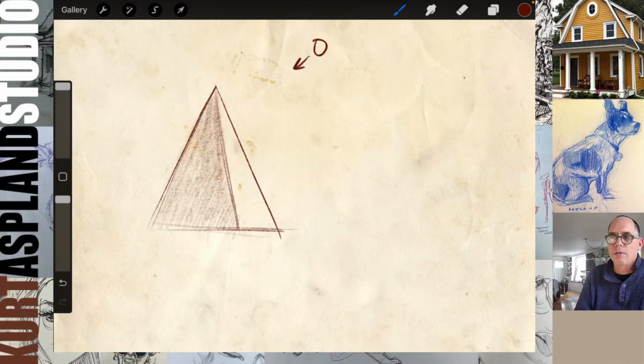Okay, there you go. Now let's draw another one right next door, and let's put a flat base on it. Let's draw that triangle like this, right?